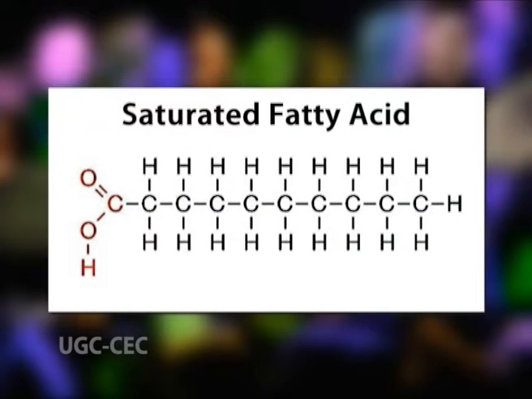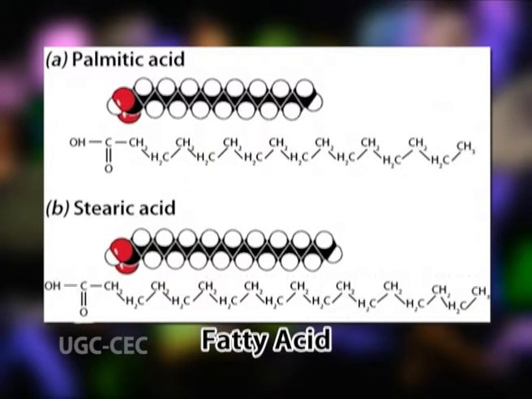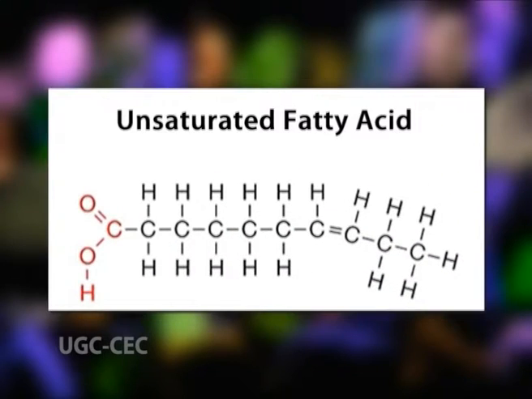A fatty acid without any carbon-carbon double bond in its hydrocarbon chain is called a saturated fatty acid. For example, palmitic acid and stearic acid. While fatty acids which have carbon-carbon double bonds in their molecular chain are called unsaturated fatty acids.